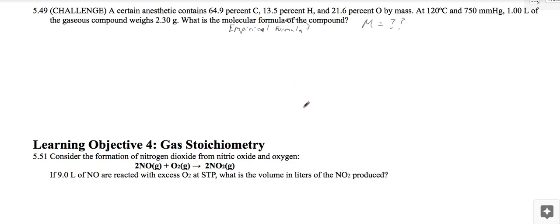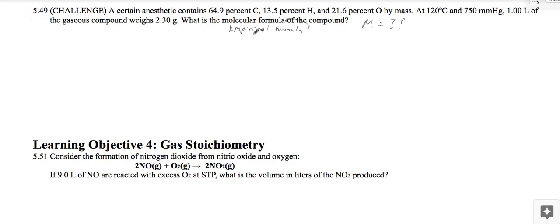The empirical formula is the lowest whole number mole ratio of the elements in that compound, and the molecular formula is the true formula. So if the molecular mass is double what the empirical formula provides, then we have to multiply the ratio of the elements times 2. And maybe once you get the problem up here, you'll be refreshed on how that works.